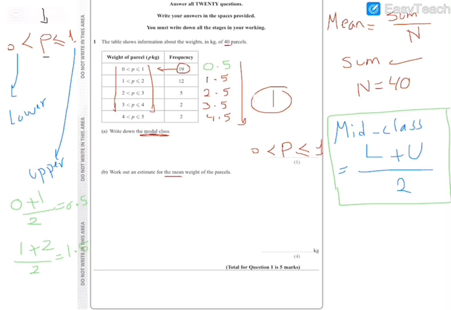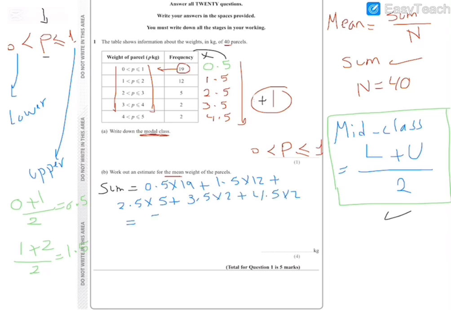Add 1, or you can do it normally by using this rule. So we find the sum first. We multiply the mid class by the frequency. Mid class times 19, its frequency, 0.5 times 19, plus 1.5 times 12, plus 2.5 times 5, plus 3.5 times 2, plus 4.5 times 2.